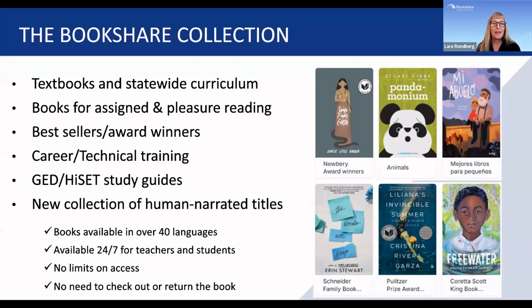So people in a vocational education or adult education program, we have materials for them. We have the study guides for the GED, the SATs, the LSATs, the MCATs, the Dummies series. So it's a really varied collection of fiction, nonfiction, and bestsellers, pretty much for anyone.